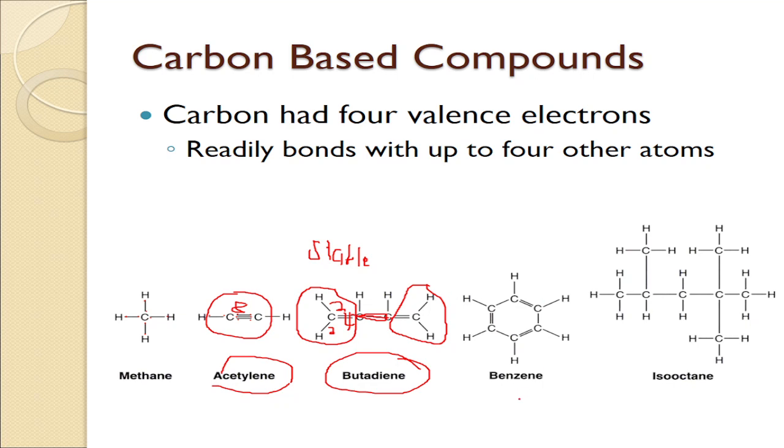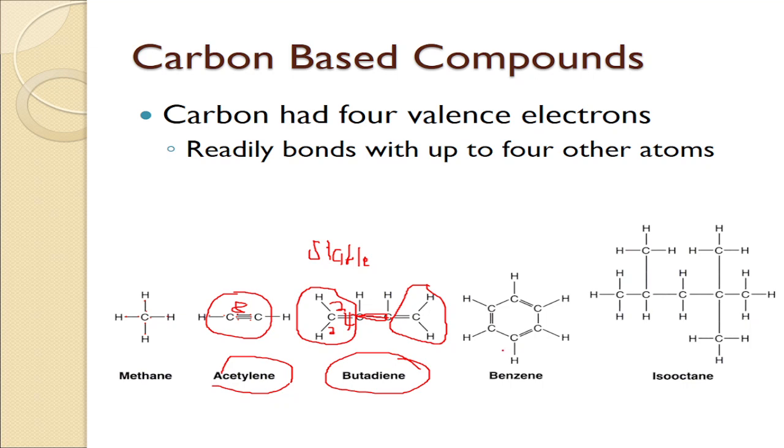So we have benzene. Benzene has 1, 2, 3, 4, 5, 6 carbon atoms, and each carbon atom is bonded to other carbon atoms, like 1, 2, plus this one, 4 plus 4, so that's going to be 8.